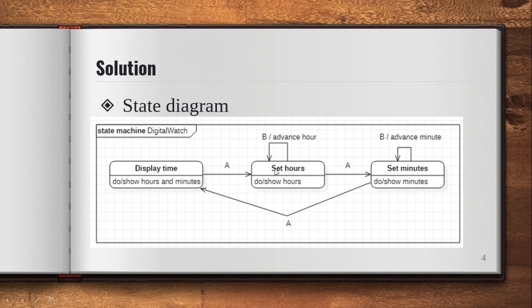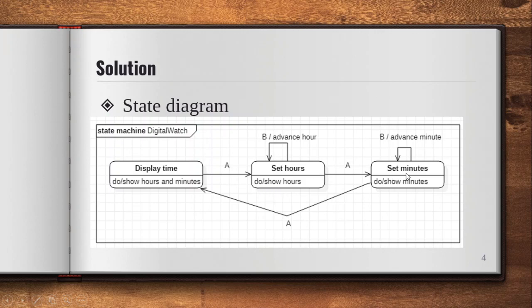Again you can see in set hours, what is the continuous or ongoing activity? For that we use do. If we are in set hours, we are continuously showing the hours, so that's why we use the do keyword here.